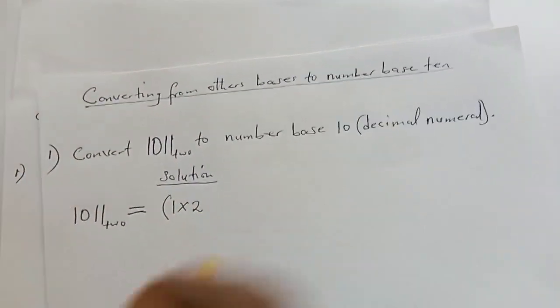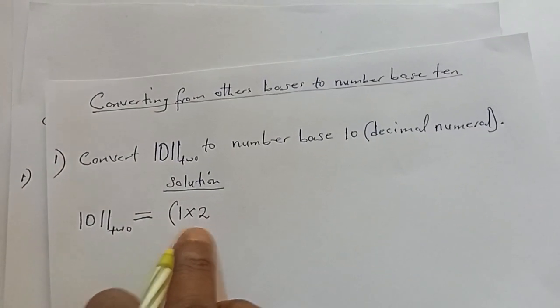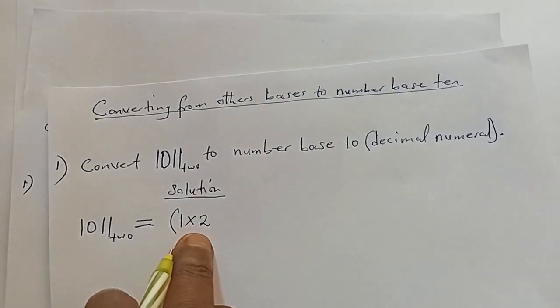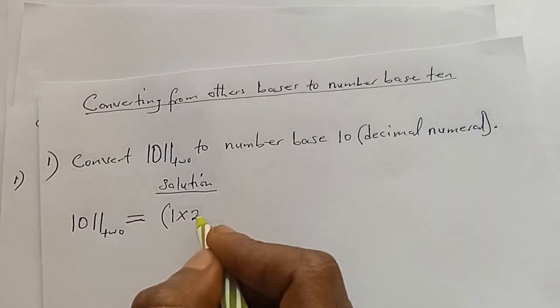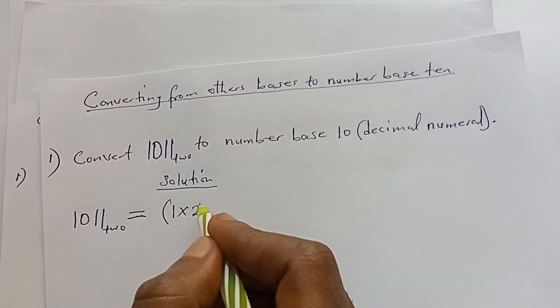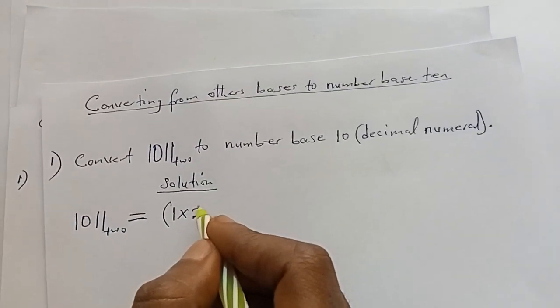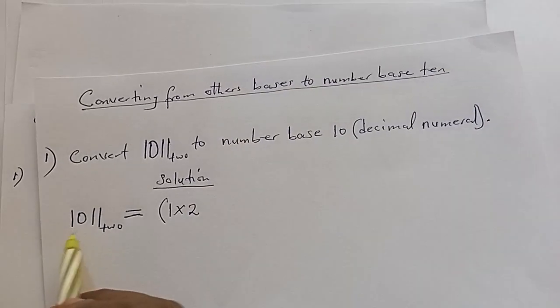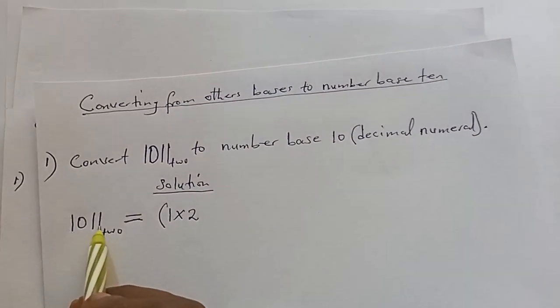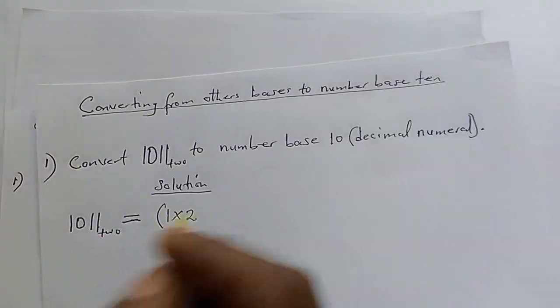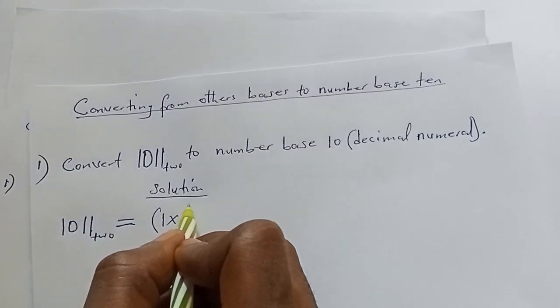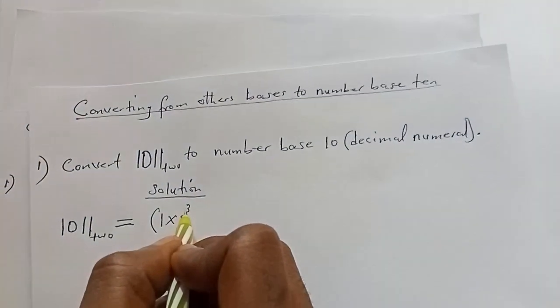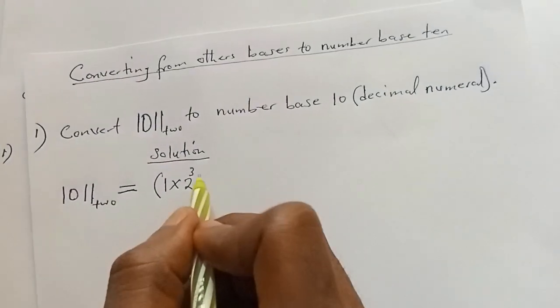The power, or the degree, will be placed above the base. Since we start from here, we know here is 0, 1, 2, 3. So we have a power or degree of 3. You get that? Very good.